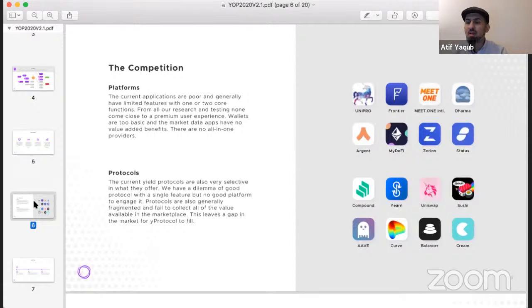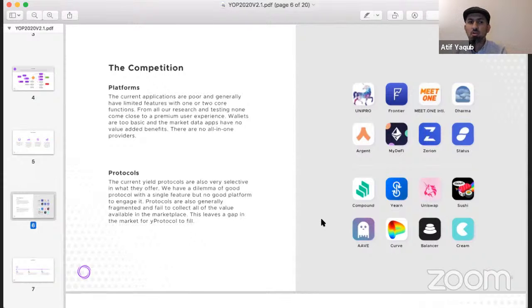So most of these platforms don't offer any added value apart from giving you access to the market. And even in that, the user experience still is not brilliant. And it's not at the international standard that we can have today if you look at what the App Store has to offer and what generally mobile usage has to offer. So these are a few of our competitors that we've listed.